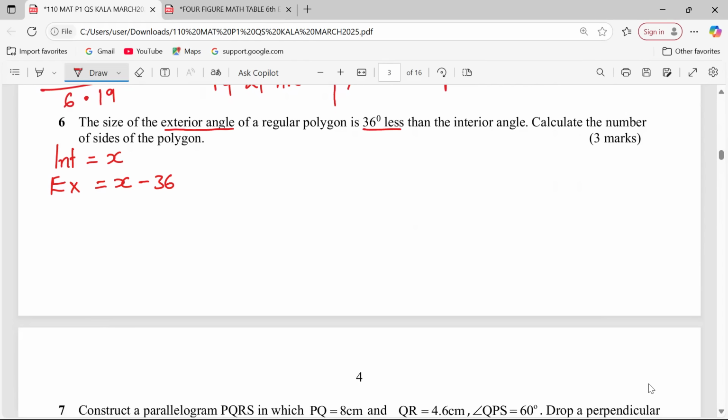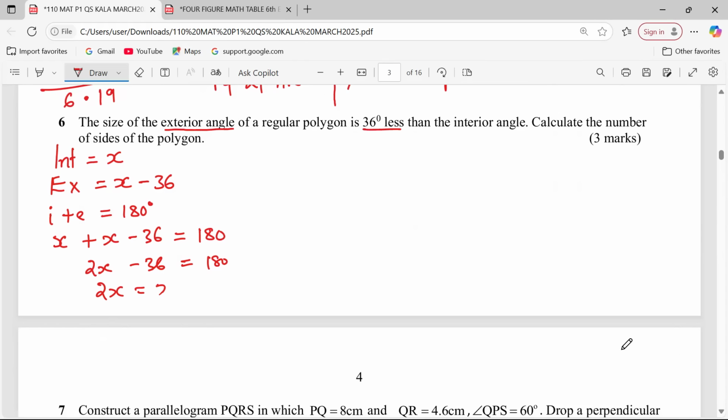One thing we know is that interior plus exterior are supposed to give us 180 degrees. So x plus x minus 36 should give us 180. So 2x minus 36 equals to 180. 2x equals to, when we pick 180 and we add 36, we are getting to 216.